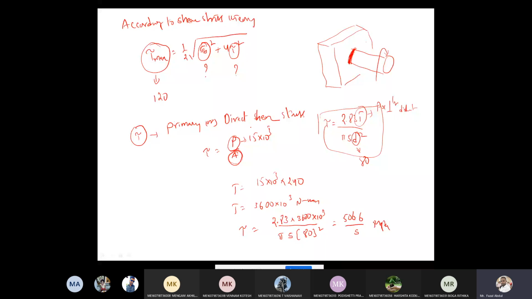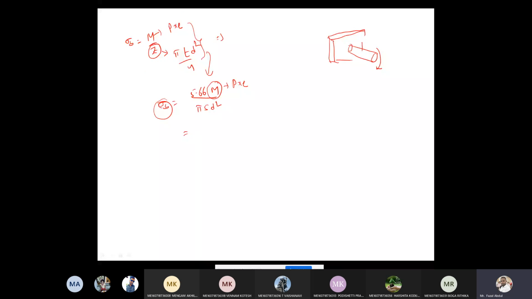So the E value, I'm calculating separately: M value is P into E. The P value is 15 into 10 to the power of 3. And the E value is 200 minus 50 by 2, meaning from its center, from here to here.